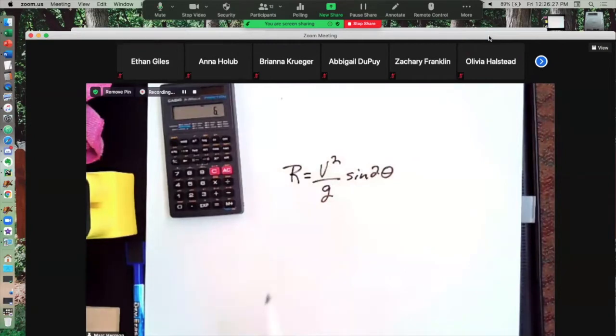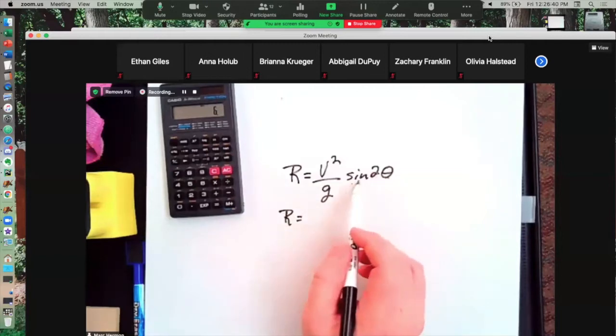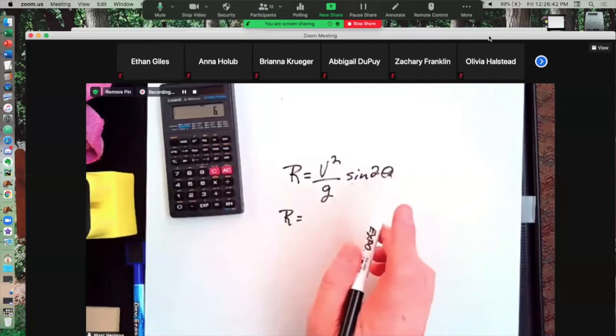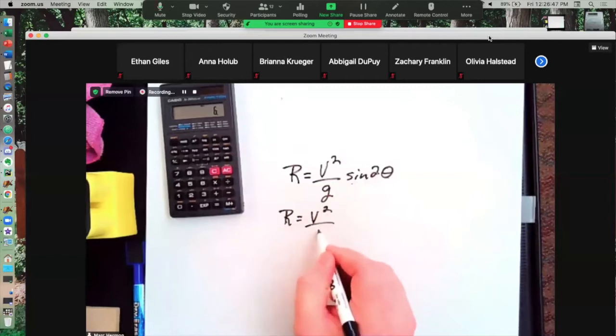So what angle would that be? Because you have to just know that. What's the optimal angle of shooting and landing on the same plane? 45 degrees. And 2 times 45 is 90, and sine of 90 is 1. So whenever we're trying to figure out the maximum range, it's a pretty easy equation. Square the velocity and divide by gravity.